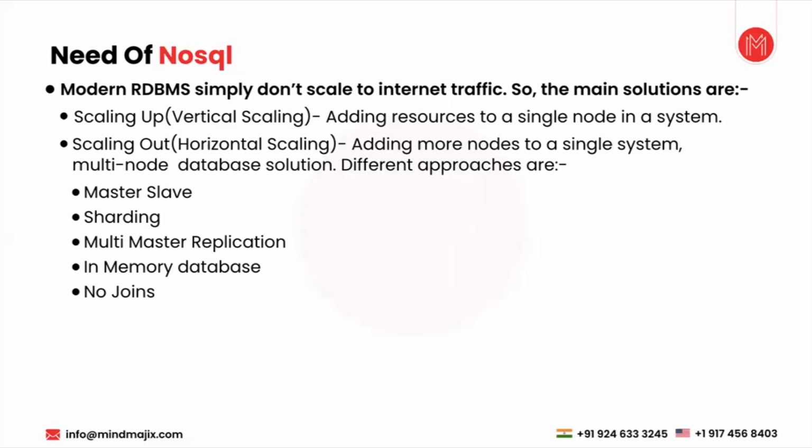Then in order to apply scaling up or scaling out in the network, we have different approaches. First is master-slave. Then we have sharding, multi-master replication, in-memory database, and no joins. Now comes what is master-slave: one system as master and other systems as slaves.